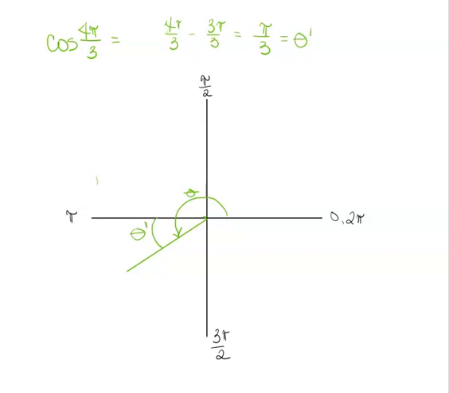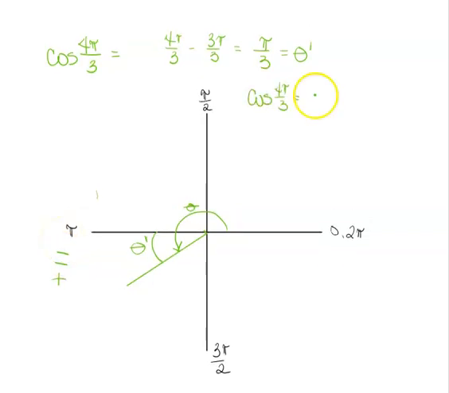We also see that it lands in the third quadrant. And in the third quadrant, we see that cosine is negative. So we could say that the cosine of 4 pi over 3 is equivalent to the negative cosine of pi over 3.